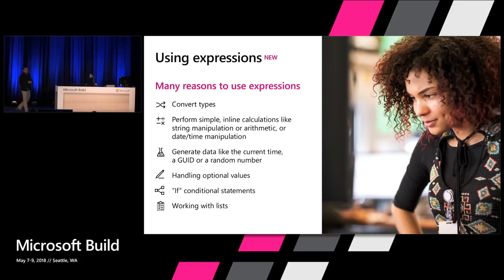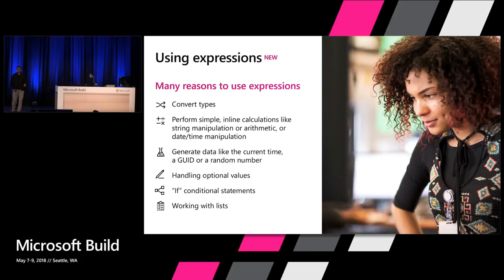What do these expressions allow you to do? Well, first and foremost, you can convert types. So if something comes in as, let's say, a string, you can cast it as an integer. You can also use it to perform simple inline calculations, let's say for string manipulation, like getting the index of a particular character within a string or getting a substring of that string. You can also do basic arithmetic, like addition, subtraction, multiplication, division, etc. You can also do date-time manipulation.